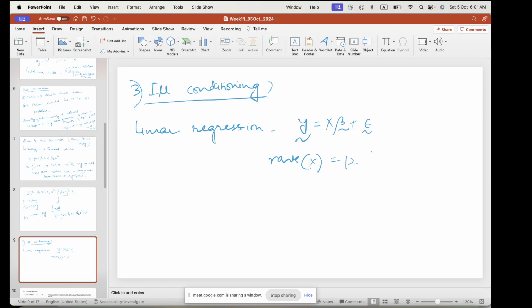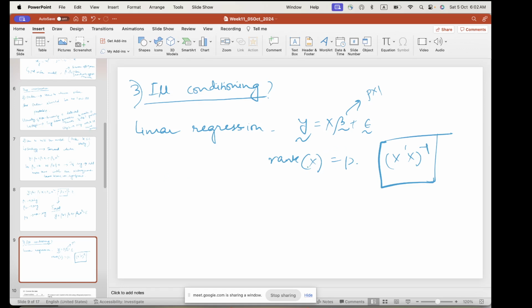Okay, let's say beta is a p cross 1 vector, then rank of X should be p in order to have this X transpose X inverse. In order to have a unique inverse, we need to have a full rank matrix.